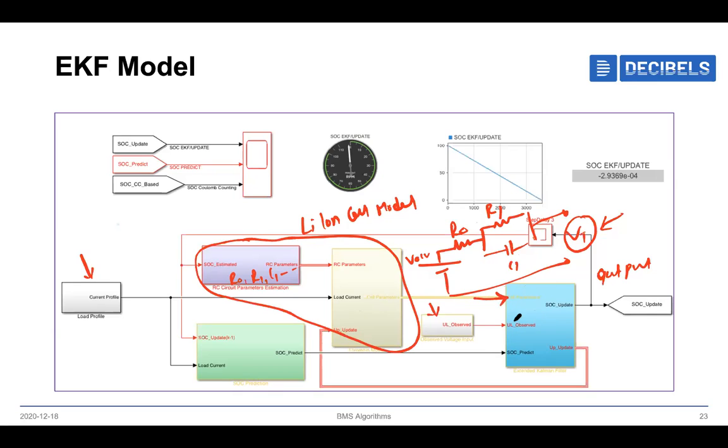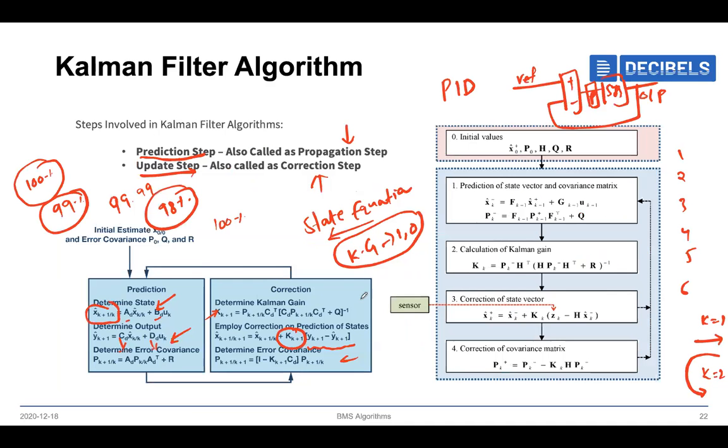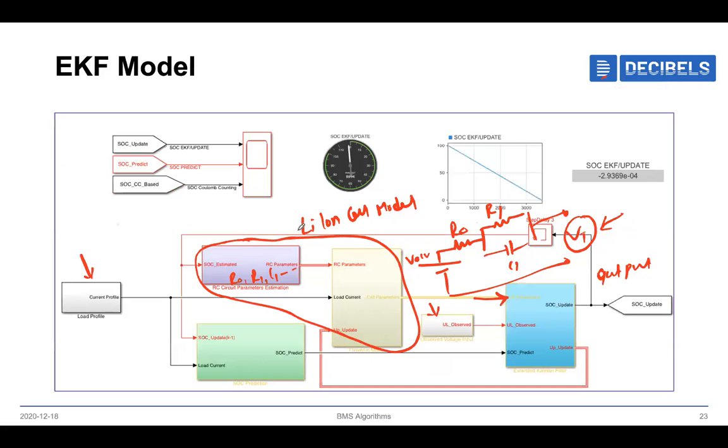And in the Kalman filter, I'll do these 6 steps. Then it goes in the loop every time, and each and every second we get the update over here. Okay, I'll try to show this model in MATLAB, but then we'll get some idea about this.